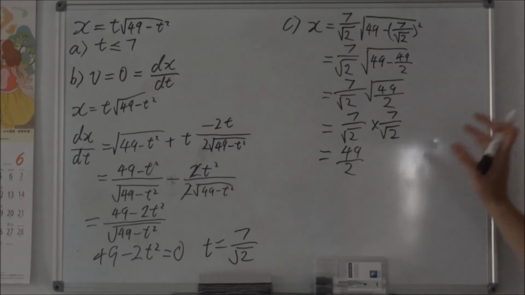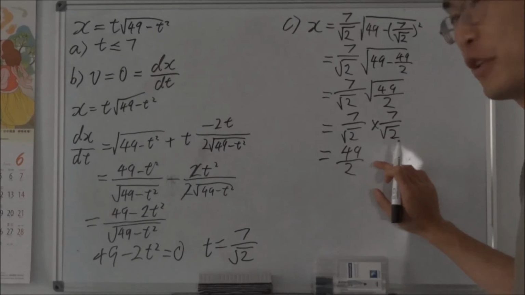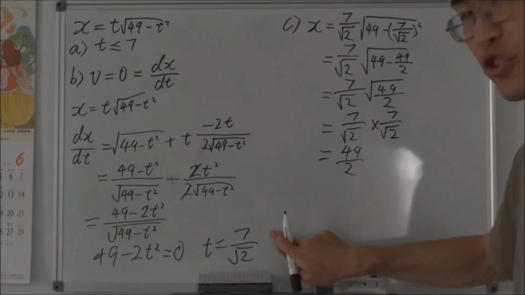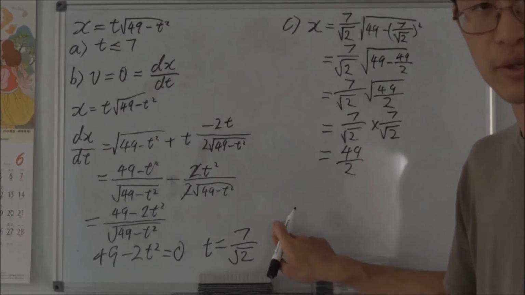So the particle would have traveled 49 over 2 by the time it stops at t equals 7 over square root 2.